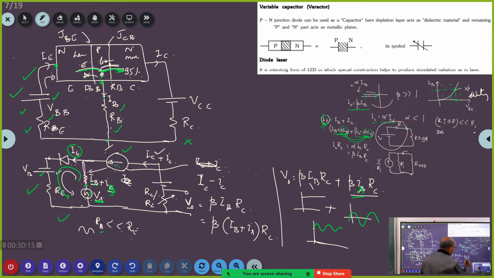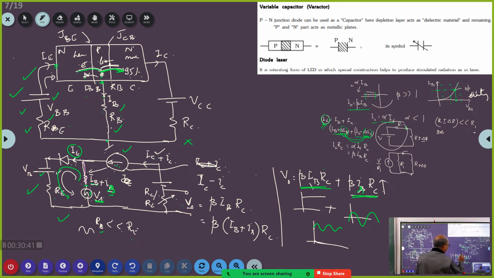Now, if I increase RC, what will happen? This quantity will also increase. Correct now? If I increase RC, this will also increase. Agreed? So IB won't change. IB will not change.